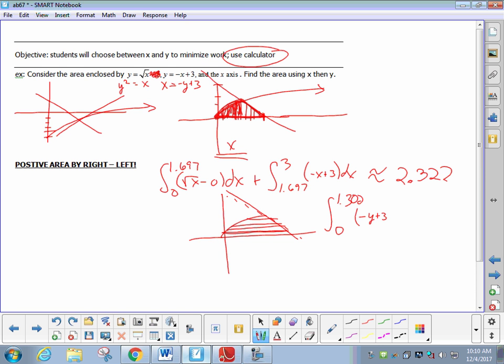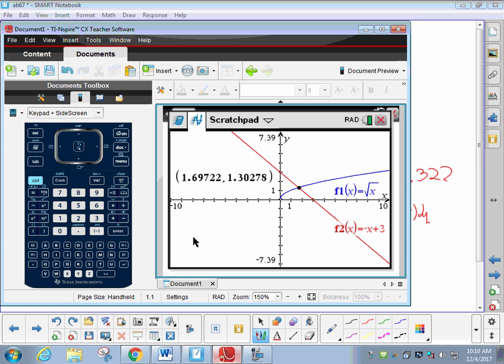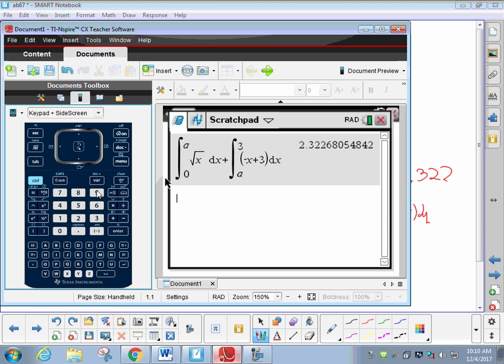Negative y plus 3 is the right, and the left is y squared. If you put that into your calculator, the Inspire can handle y just fine, but if you have an 84, you just use x and in your mind you pretend it's y.